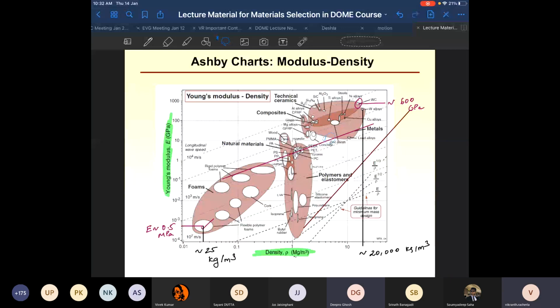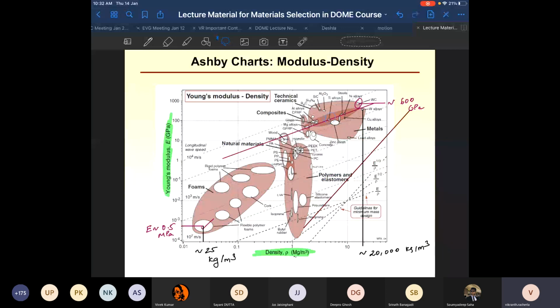Metals will win, because you can look at this curve. Metals lie on a curve at a higher value. So this is the story for tension compression.